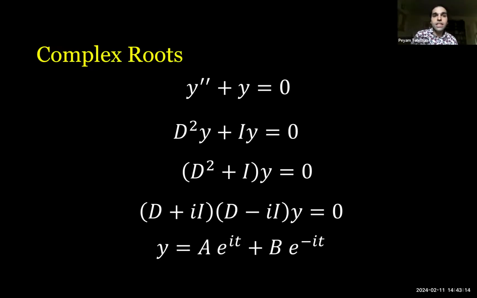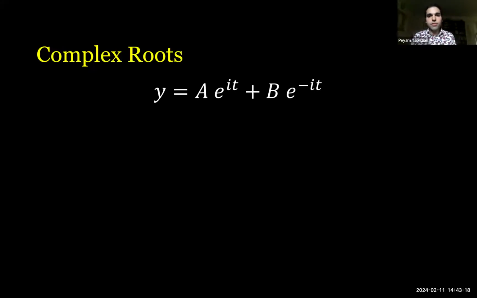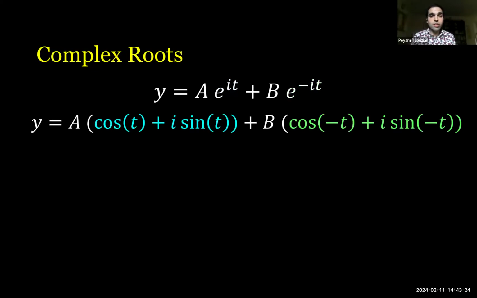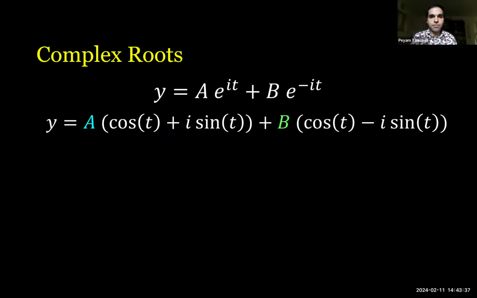So unfortunately, this gets a little bit messy, but not too bad. So e to the it, e to the minus it. Well, let's write this in terms of Euler's formula. So cosine t plus i sine t, cosine minus t plus i sine minus t, which we can clean up using the laws of cosines.